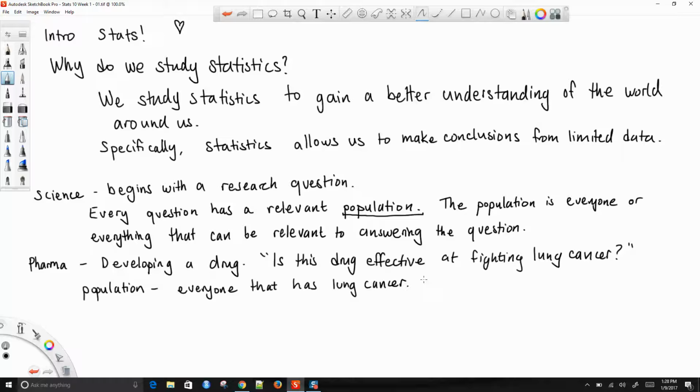But we'll just say the population is everyone that has lung cancer. And perhaps because of research constraints, maybe you're going to be limited to people in the US or limited to people in a certain geographic area. And the hope would be that the people that you are studying would resemble the people in the general population as well.